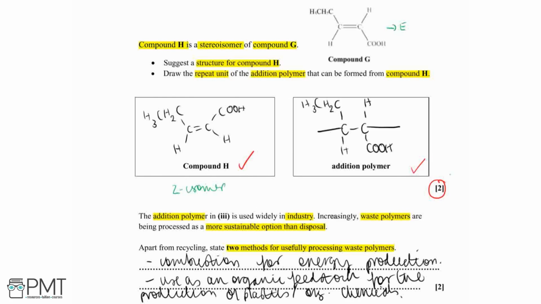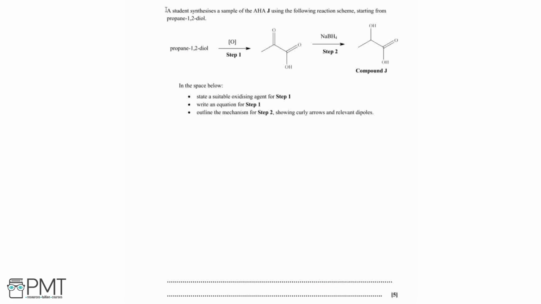So what this means is that we could use our waste polymer as a starting point, so sort of like the food to make the plastics and all other organic chemicals there. So as the starting point overall, instead of just throwing them away. And for this question, it's 1 mark for each method.